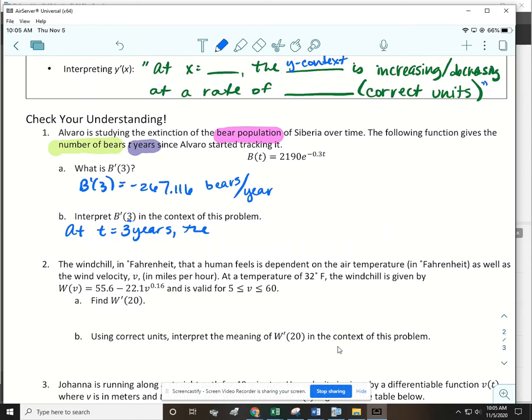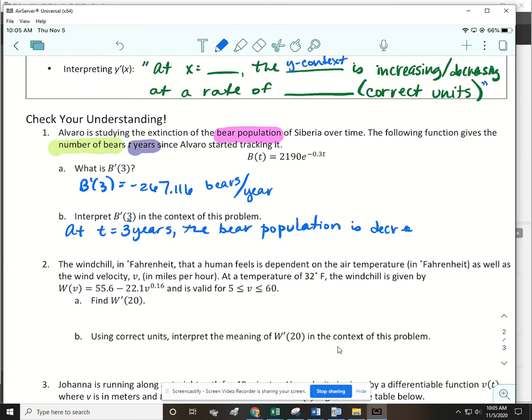So we're going to say the bear population, and then we have to decide if it's increasing or decreasing. So it's going to be decreasing.